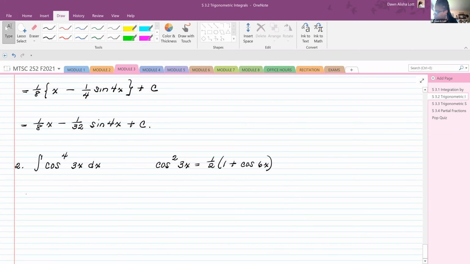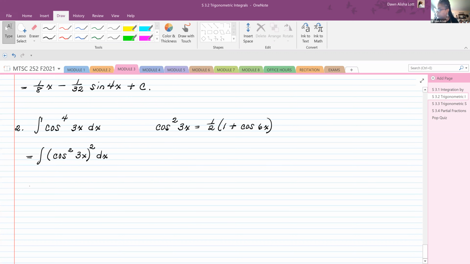So this integral is the cosine squared of 3x squared dx. So therefore, I'm going to get that thing squared. So it's the integral of 1/2 times 1 plus the cosine of 6x squared dx. So I have to square that.